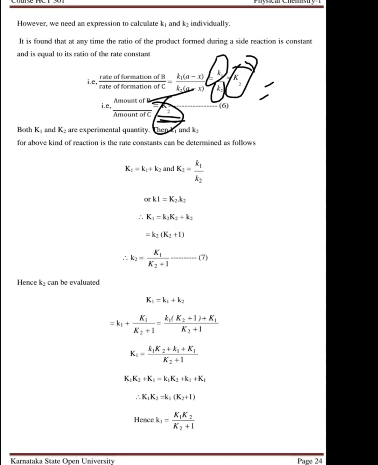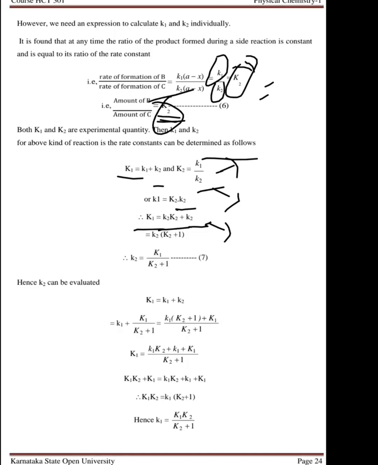So from the above reaction, the rate constant can be determined for the total rate, where k1 plus k2 is the total. So K is equal to k1 by k2. k1 is the rate constant of product B and k2 is the rate constant of product C. So k1 is equal to K into the rate constant of product C, so it can be written as k1 is equal to K into k2.